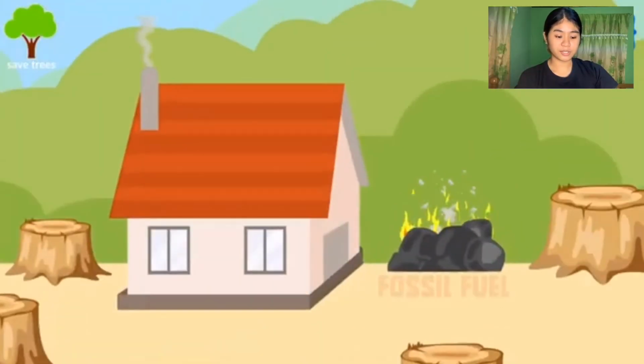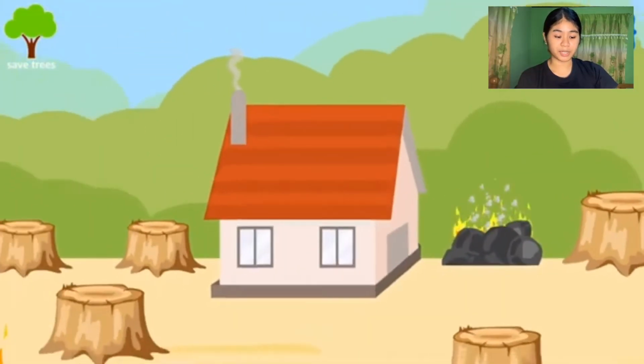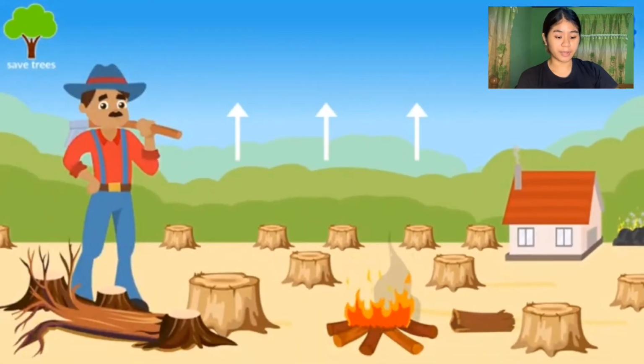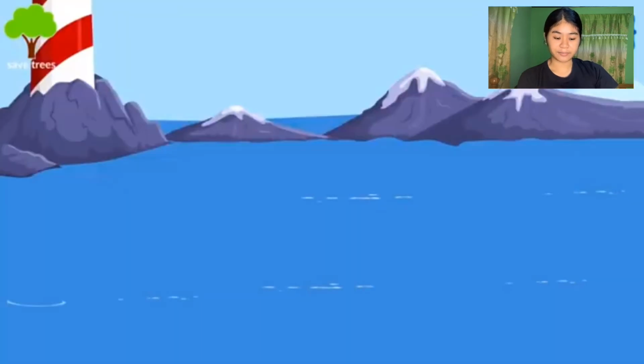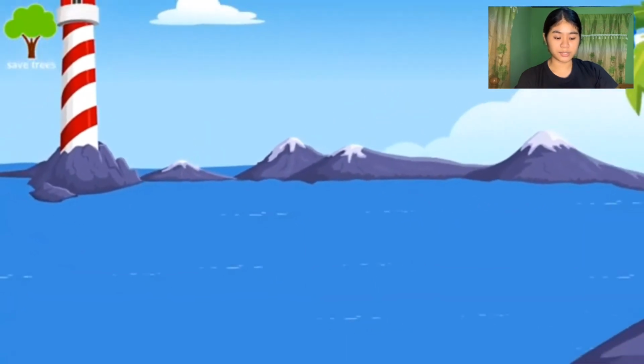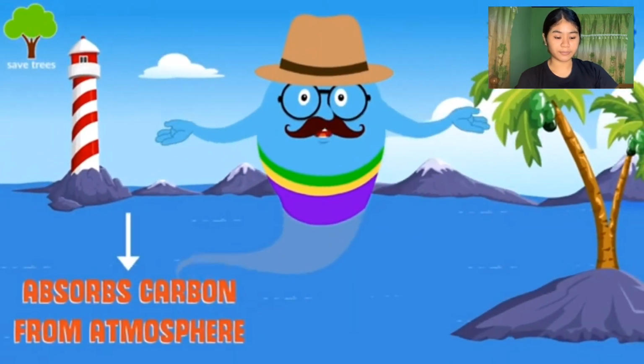Burning wood, fossil fuels, combustion are some processes which transfer carbon back to the atmosphere. This is released in the form of carbon dioxide gas. Look at this ocean. Oceans and other large water bodies that have cool water on their surface also absorb carbon from the atmosphere.